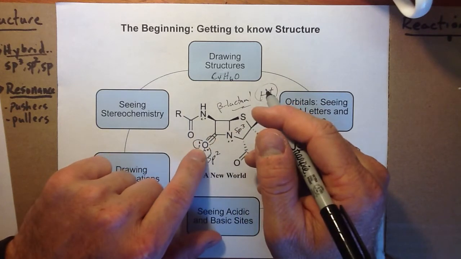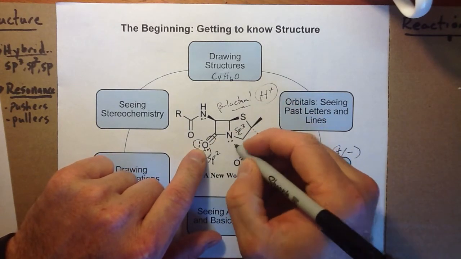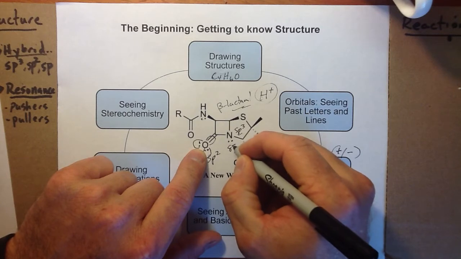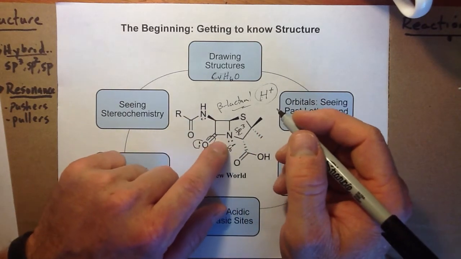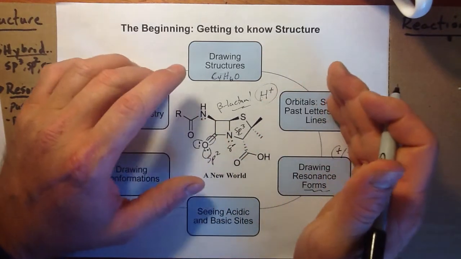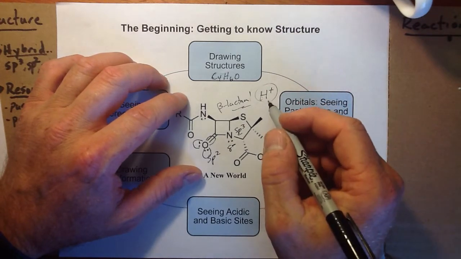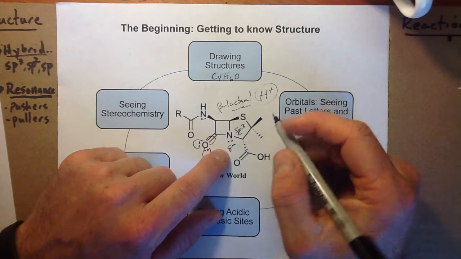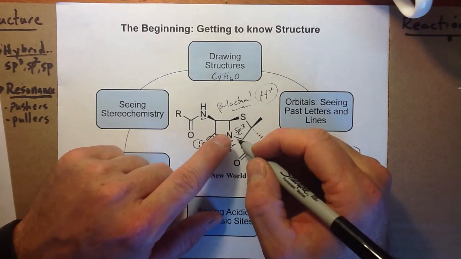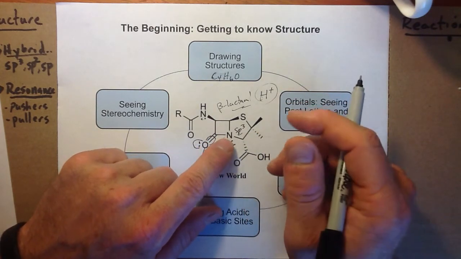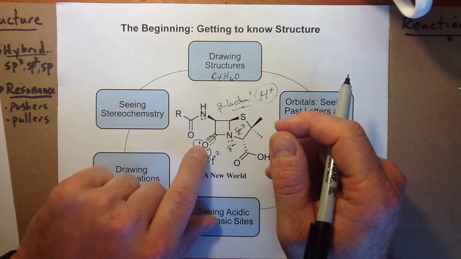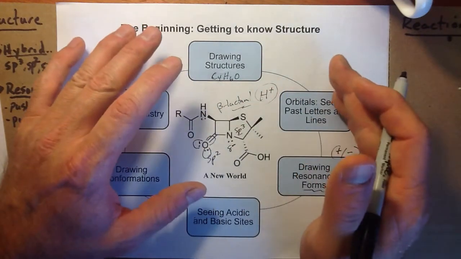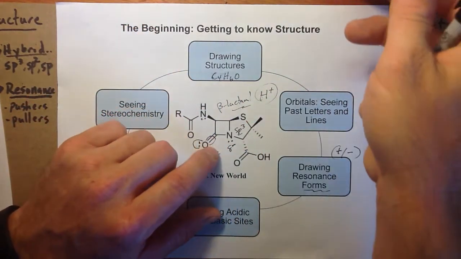It doesn't delocalize in. It's sp3. It actually turns out to be partially negative, and that is the site of greatest basicity within penicillin. If I put a proton in with penicillin, it protonates this nitrogen. It's partially negative because it's sp3. It's not partially positive due to resonance donation to the neighboring pi bond. There's going to be more on that in future recordings.